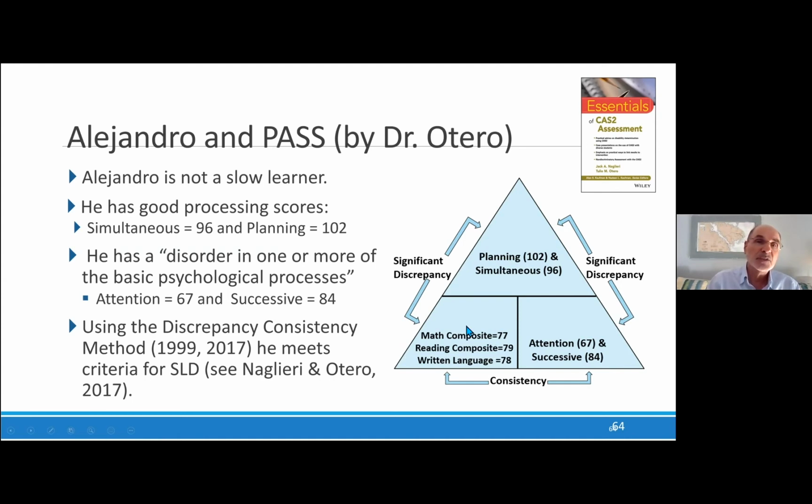That's a traditional ability achievement discrepancy. But his consistency answers the question, why does he fail? It's not a coincidence. His low attention scores and successive is what's driving these academic failures. And unless you answer that question, why he fails, you don't know what to do with him.